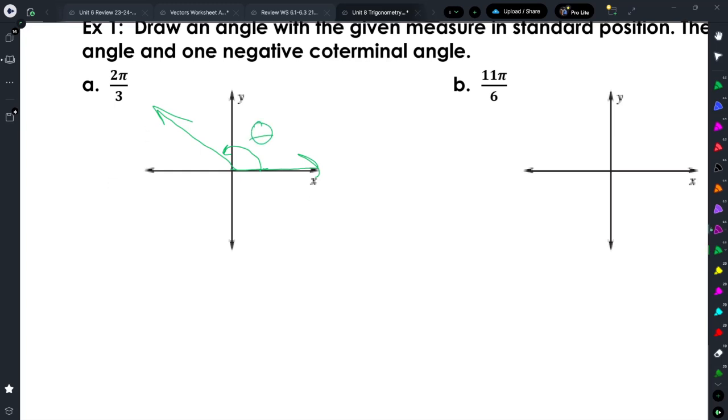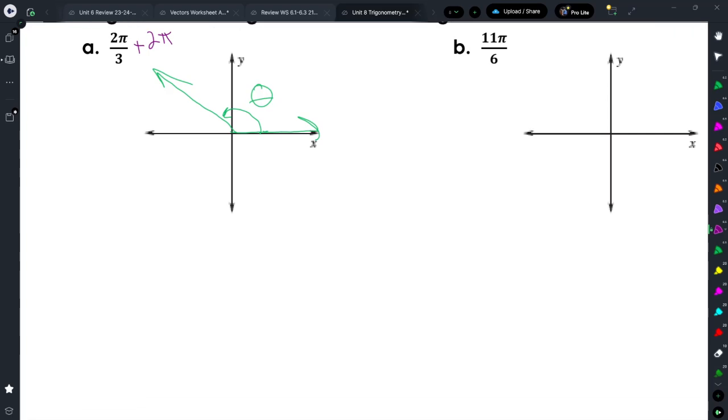Now for the coterminal angles, we have to add 2 pi. Well, adding 2 pi, we can't just say, oh, 4 pi over 3. These do not have the same denominator. So we need to figure out that 2 pi is how many pi over 3? Well, multiply 2 times the denominator. 2 times 3 is 6.